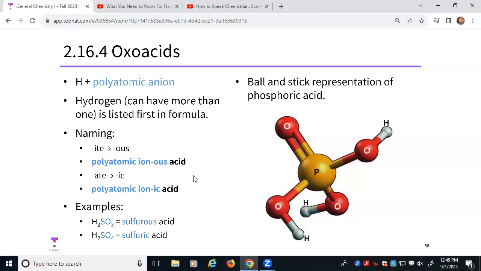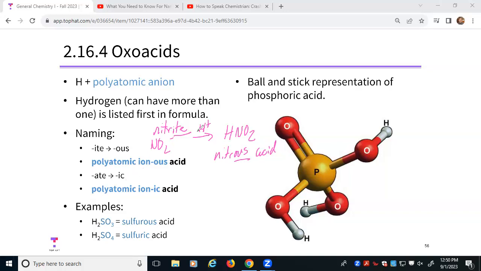So the nitrite ion, for example. Slap a hydrogen on there and it becomes HNO2. The nitrite gets turned into nitrous acid. Just a simple little change at the end of the name.